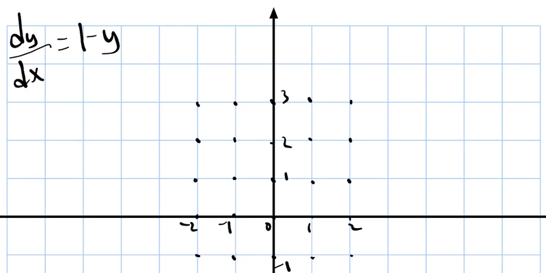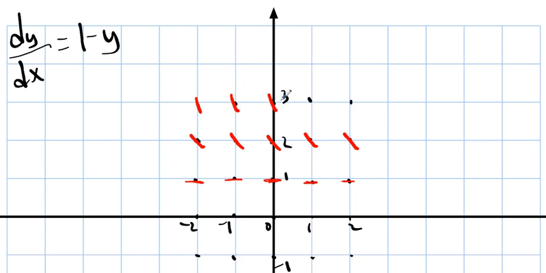So just considering, everywhere y is 1, dy/dx is 1 minus 1, flat tangents all the way through there. And when y is 2, these slopes are -1 because 1 minus 2 is -1.